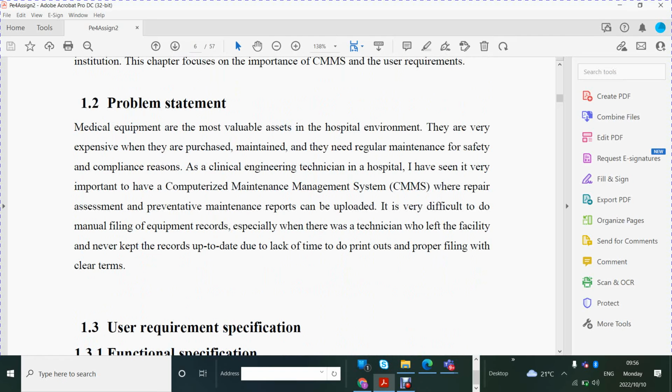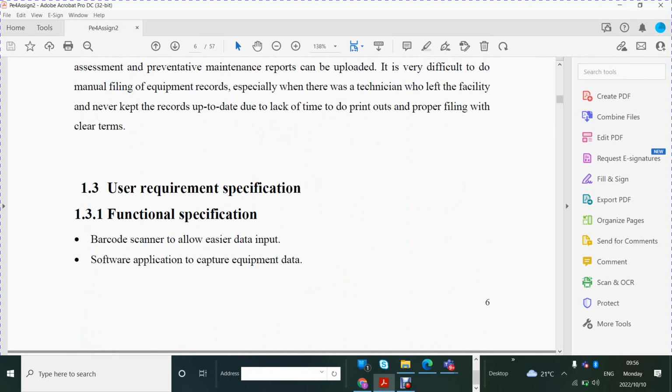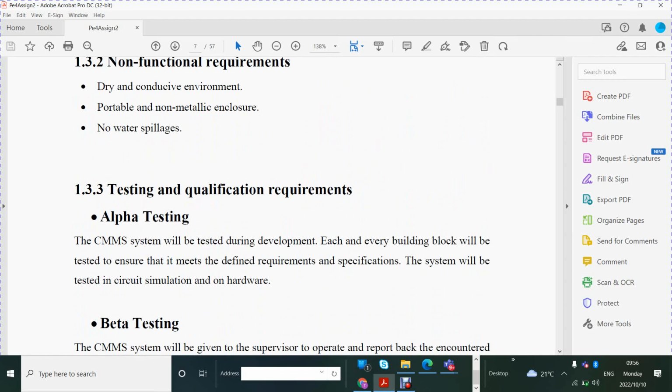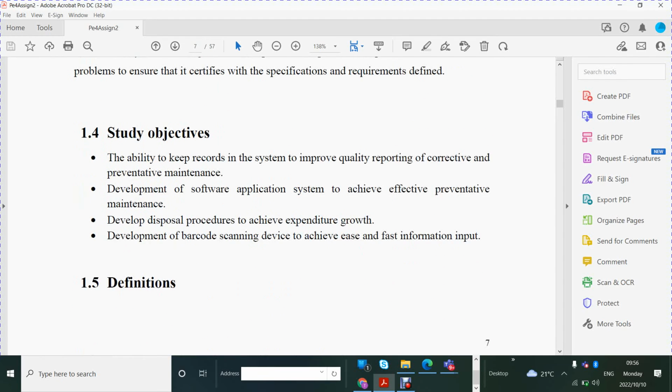So work on the problem statement. If possible, break it down into sub problems. Yes. Okay. Then let's see what else. Your study objectives also need to be clear.